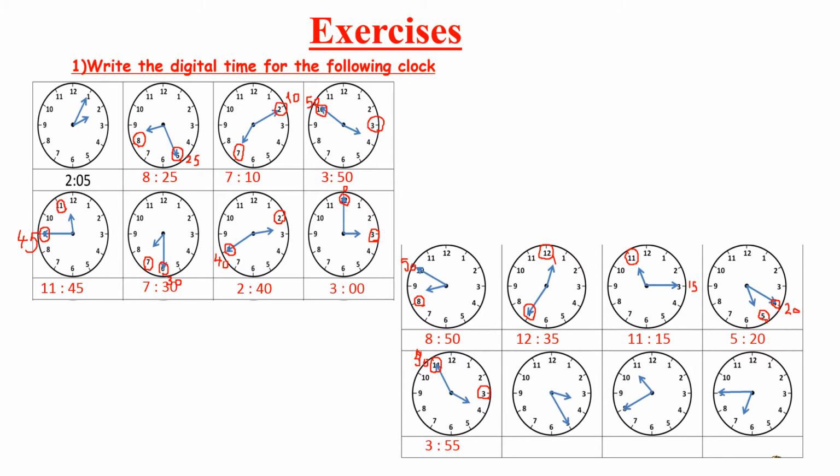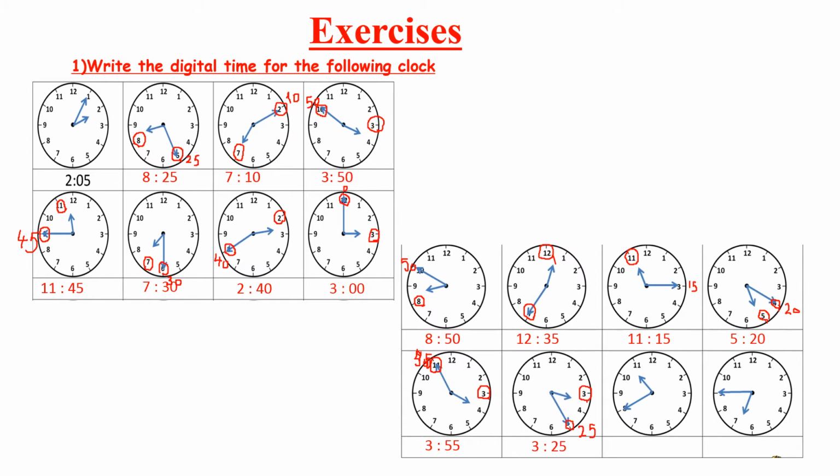When it's at 11, so it's 55. Okay, here it's between 3 and 4, so you're gonna take the smaller, the 3, and the big here at 5, so when it's at 5, it's 25 minutes, so the time now will be 3 and 25 minutes.